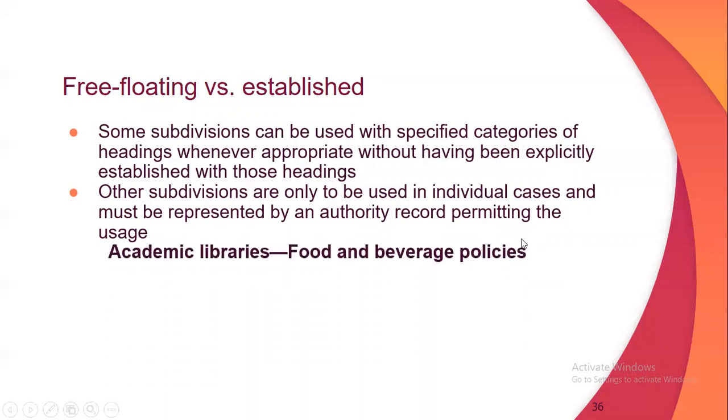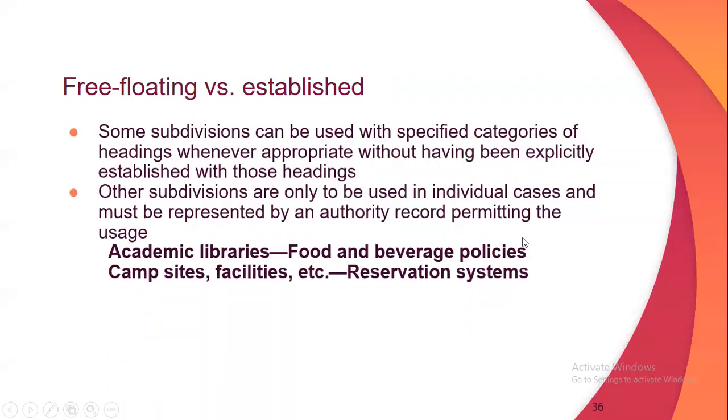It would not be correct to use the subject heading public libraries, food and beverage policies based on the existence of the authority record academic libraries, food and beverages policies. And the subdivision is not free-floating. It must be established under a heading. Moon exploration.